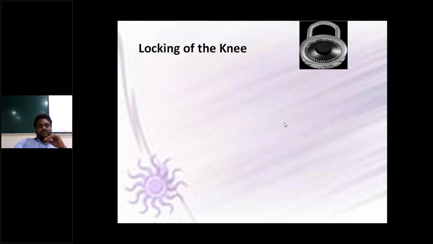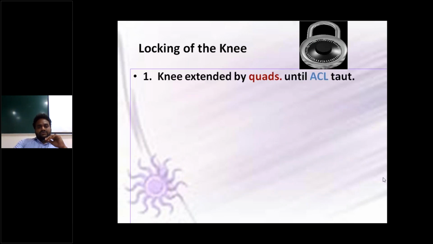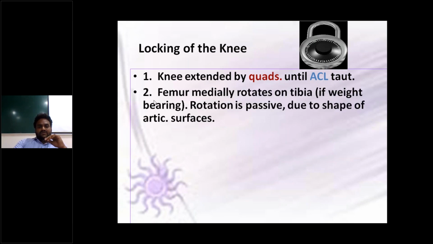Now we come to the locking action of the knee joint. The knee is extended by the quadriceps femoris muscle until the ACL, the anterior cruciate ligament, becomes taut. Then the femur medially rotates on the tibia. This rotation is passive, due to the shape of the articular surfaces.